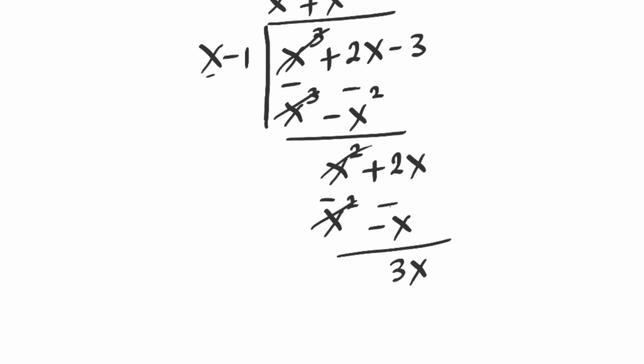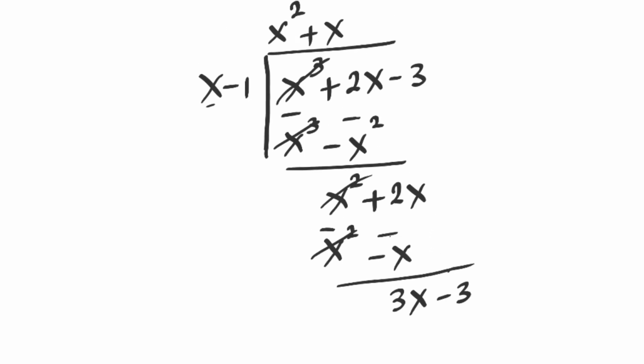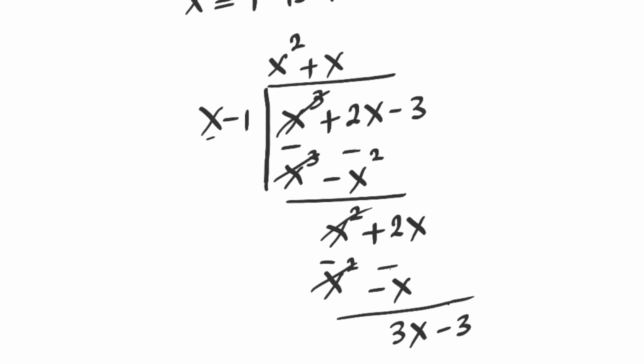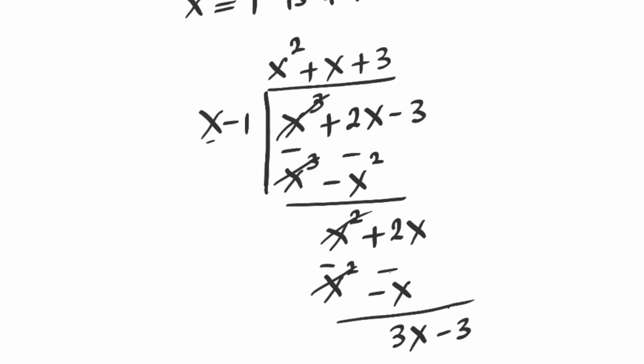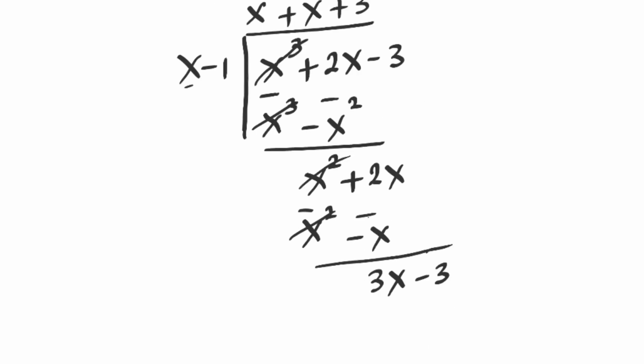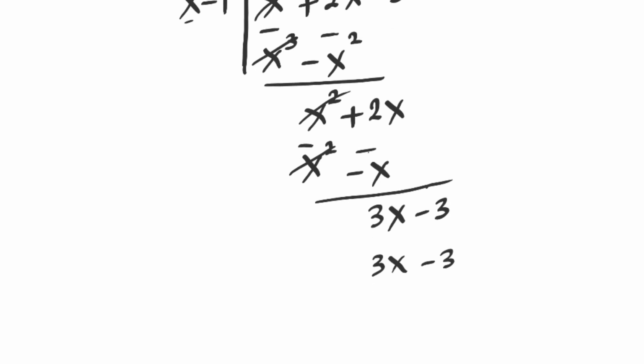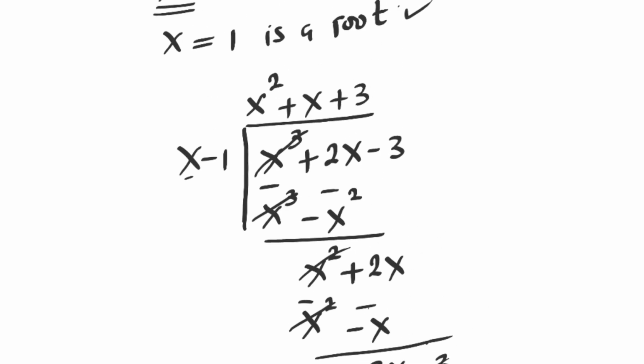Then bring this down, -3. Now, x goes in 3x as plus 3. 3 times x is 3x, and 3 times -1 is -3. So if you subtract, this is 0 and this is 0.